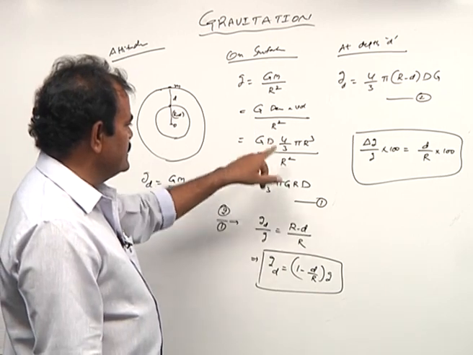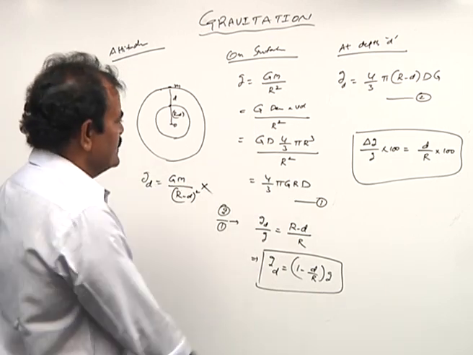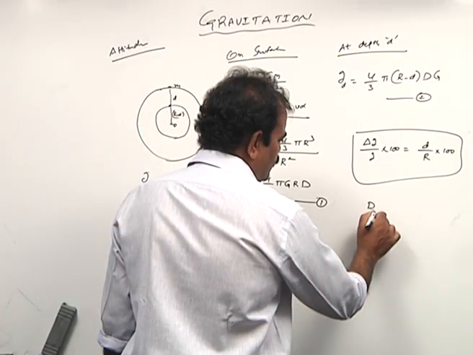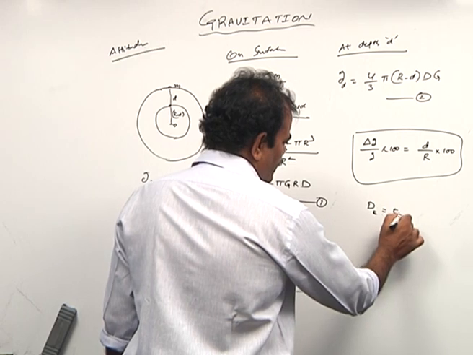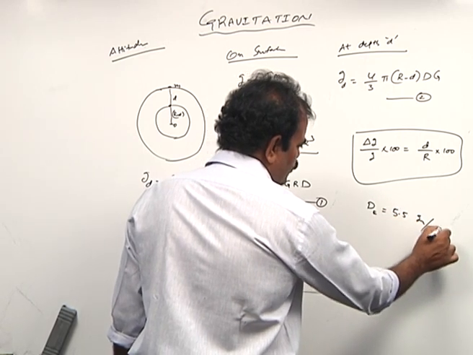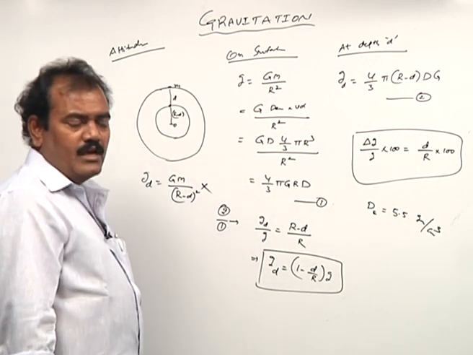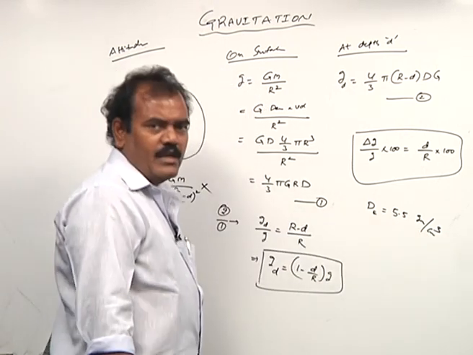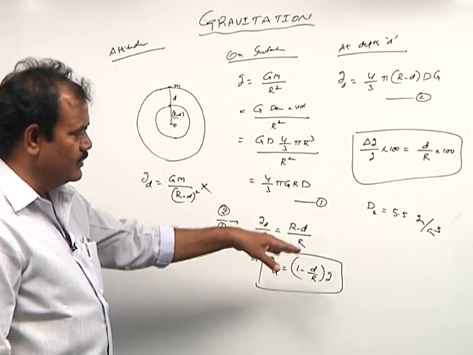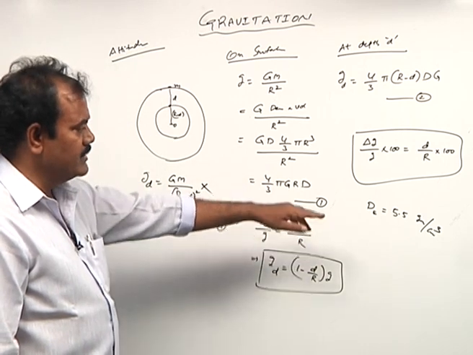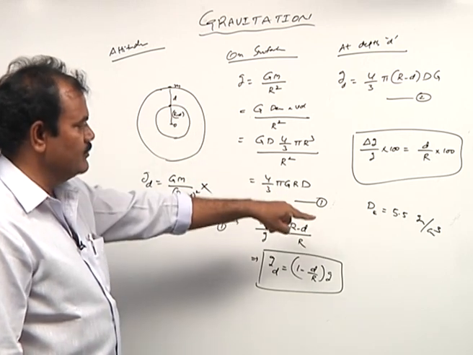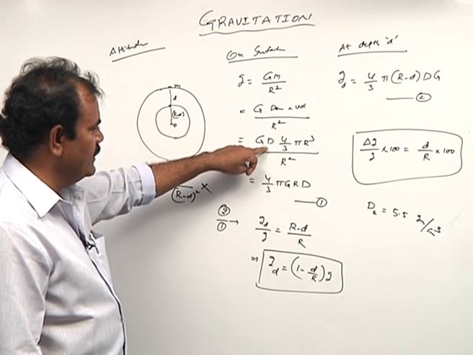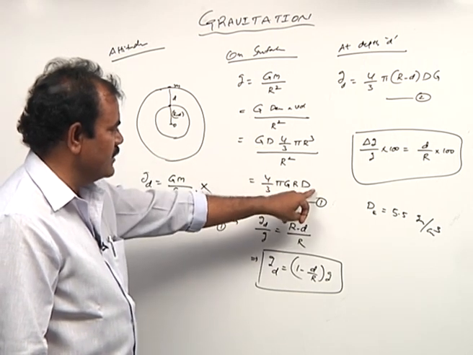Now the average density of the earth is 5.5 gram per centimeter cube. In the SI system, it is 5500 kg per meter cube. Here also the density may not be uniform, but it is considered to be uniform throughout. So the mass is converted into the density factor, and we are considering that density as a constant.